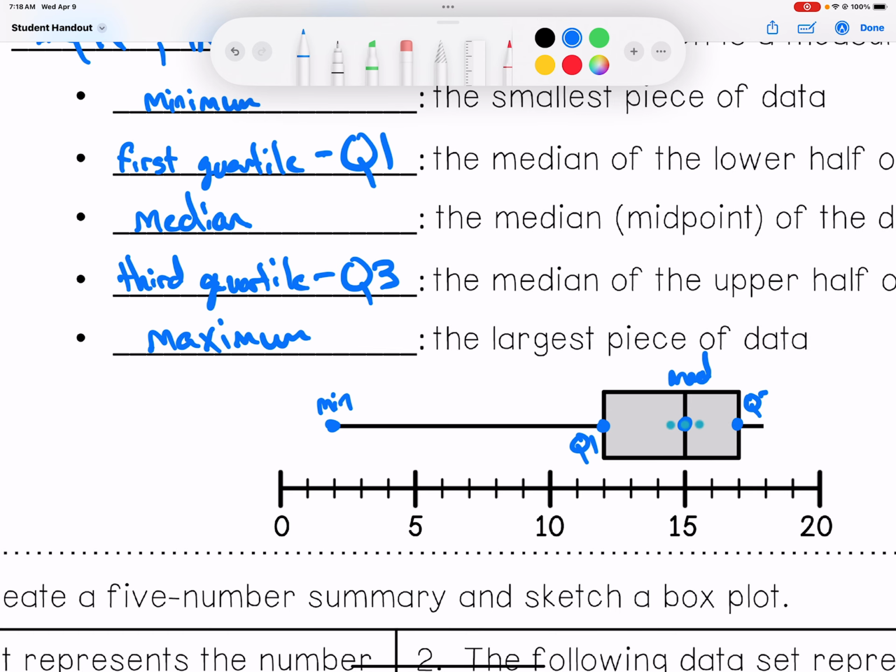Q3. And then the last little part is the max. All right, so you have the minimum, Q1, the median, Q3, and the max. It's the 5 numbers they're going to give you. So it's real simple.